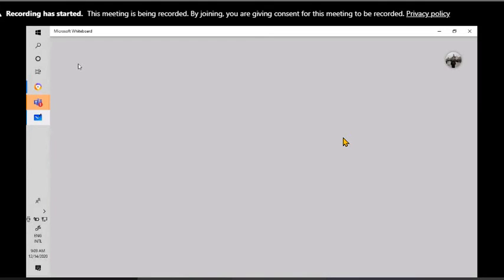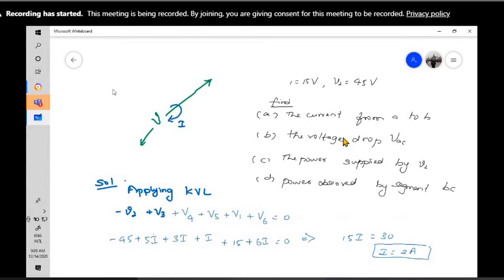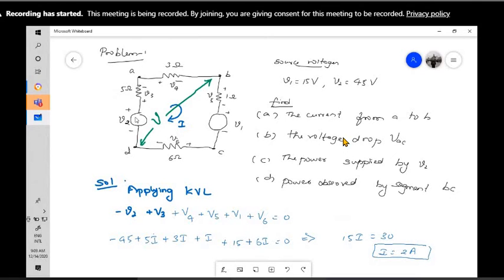I will again go back to the circuit. Fine. Now if you look at VDA, what do we have? We have a V2 and then we have a 5 ohm resistance, and this V2 is unknown to us. If you want to find this VDA, it will be V2 minus 5 times this current, whatever it may be flowing here.